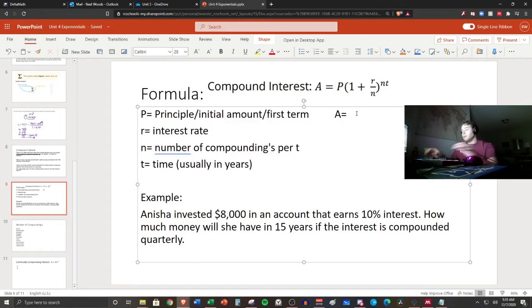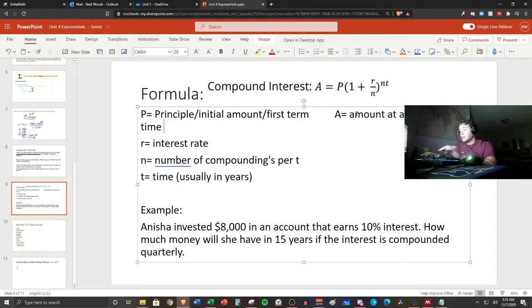Lastly, we have A, which is your amount at a particular time t. So if I wanted to know what I have paid after 10 years of payments for a house, or if I buy a car, usually those go 3 or 5 year loans.